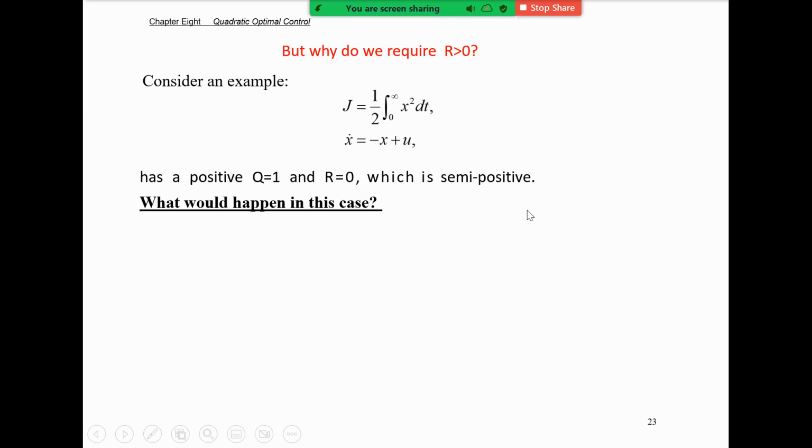The gain will be infinity, right? If I have a gain equal to infinity, I can actually make this J very, very small. So it is unacceptable. If we solve it this way, K will go to infinity. But K going to infinity means the input will be infinity.